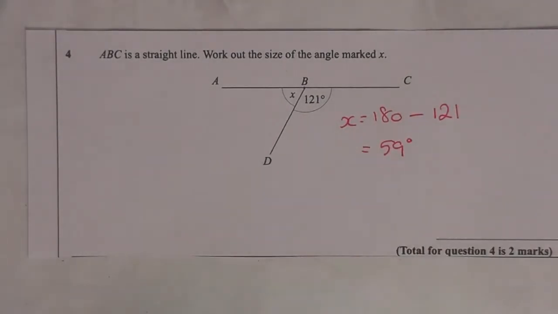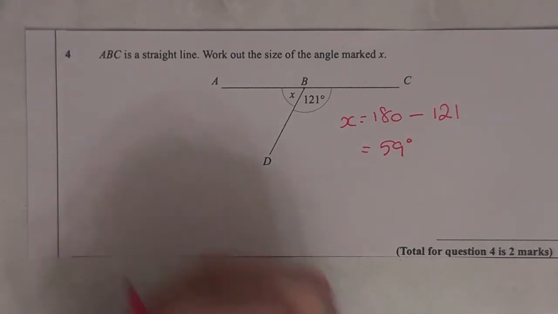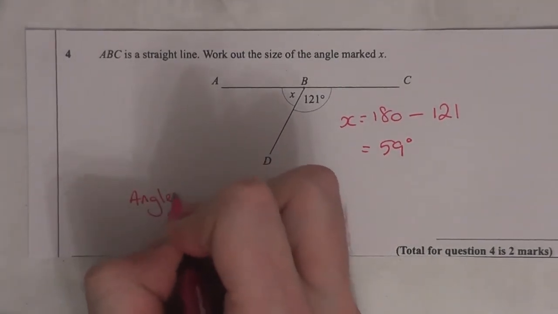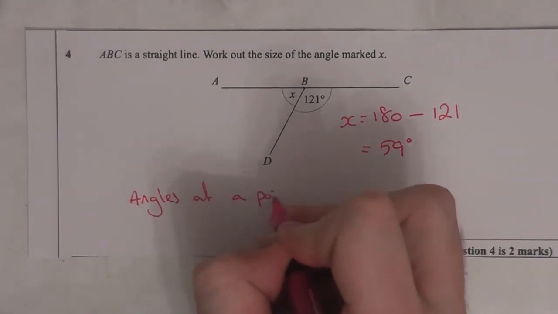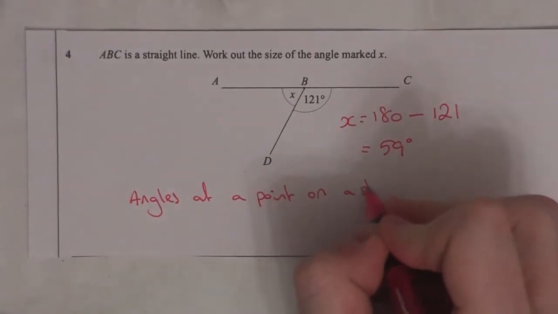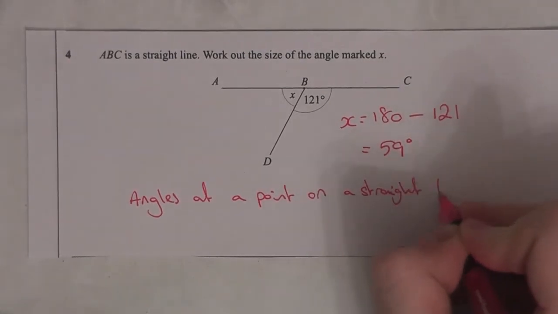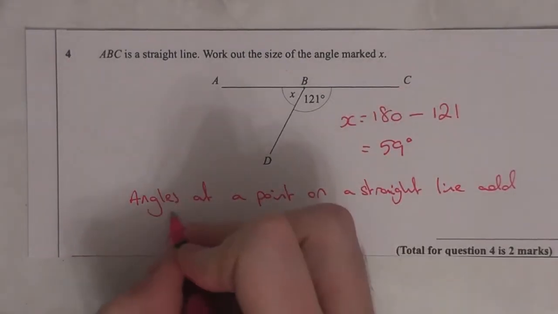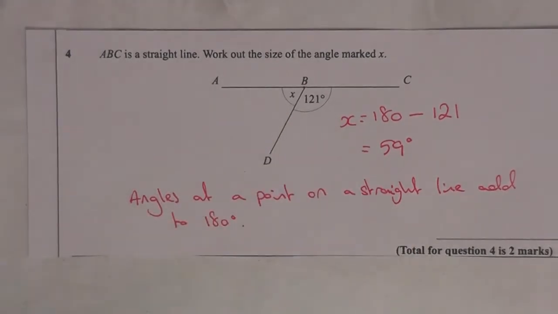Looking at X, while it is not drawn accurately, admittedly it doesn't say it's not, but these questions tend not to be, that looks like it could be 59 degrees. It's the right kind of size. X is an acute angle, 59 degrees is acute, so that seems reasonable. If we had to give a reason for our answer, we would just state exactly the reason we've just said, that angles at a point on a straight line add to 180 degrees.